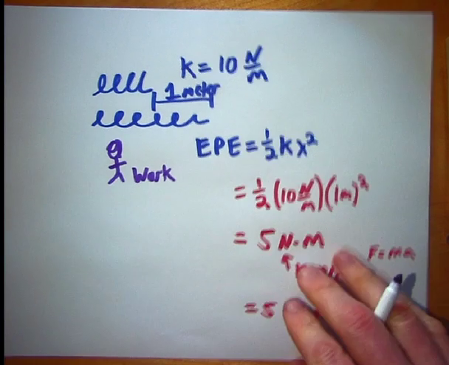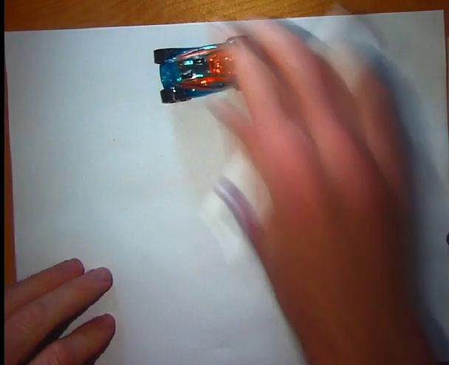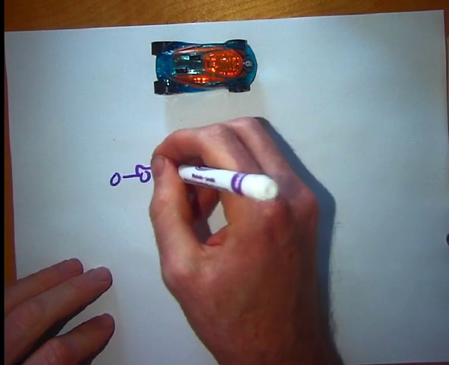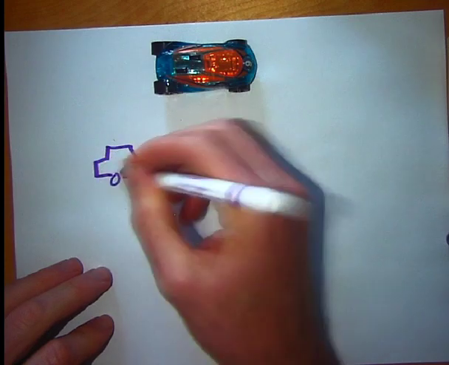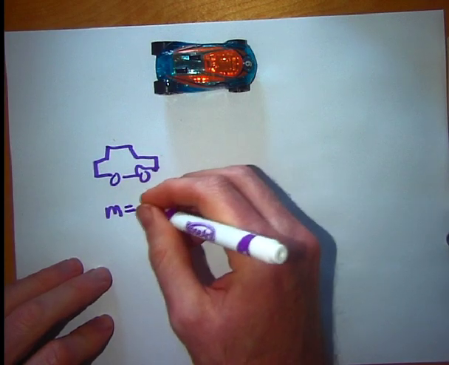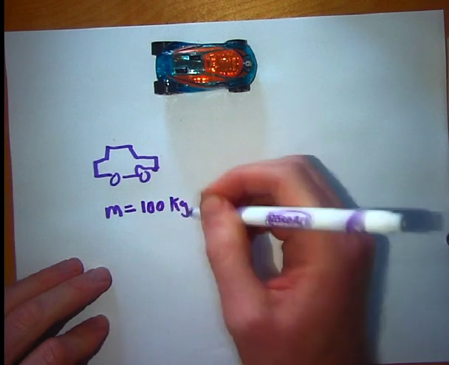Great. Let's do one other example. Let's do a car example. All right. So let's say we've got a car and we're going to increase the velocity of the car. So there's my car. Let's make the car have a mass of, I don't know, let's make it a little unreasonable, 100 kilogram car.